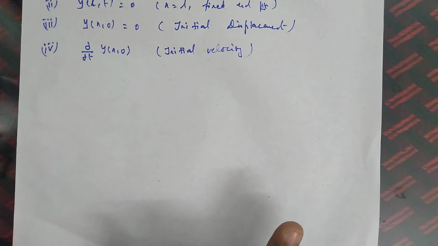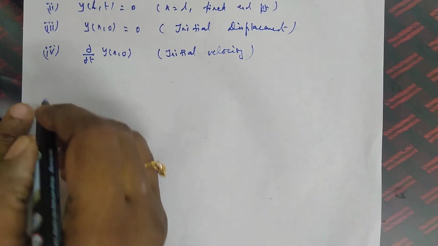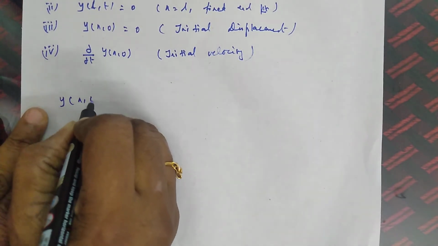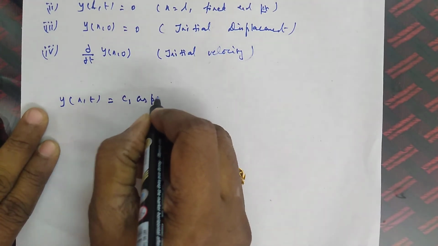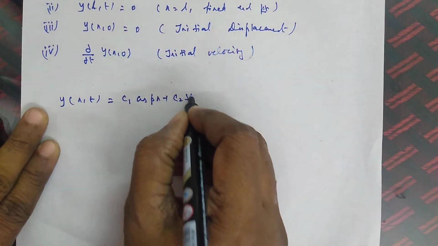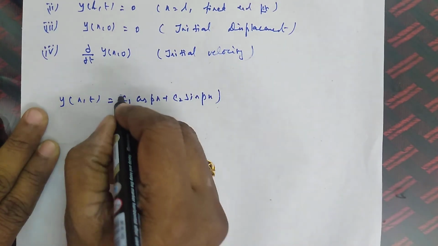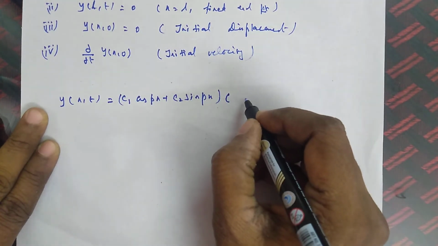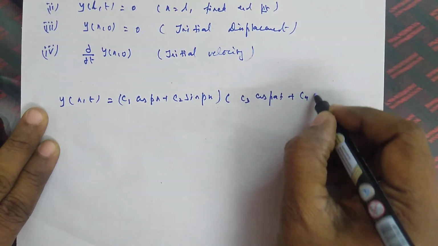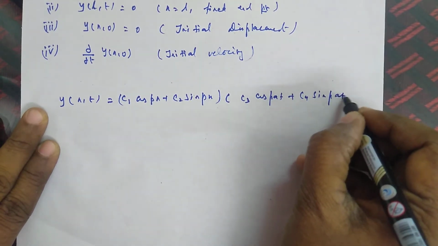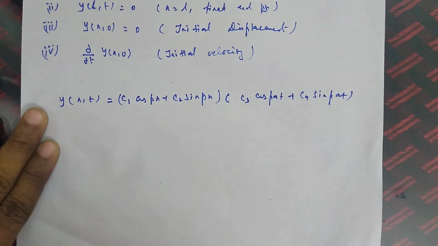There are 3 solutions, but we will take the right solution as y(x, t) = (c1 cos px + c2 sin px) × (c3 cos pat + c4 sin pat). We are taking this solution as the right solution of the one-dimensional wave equation.